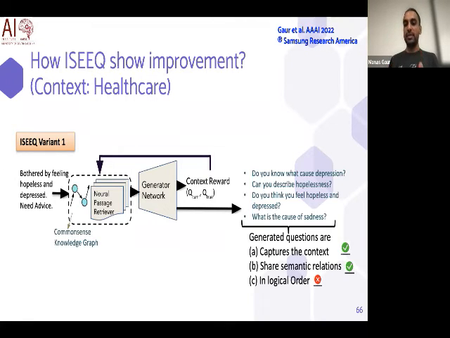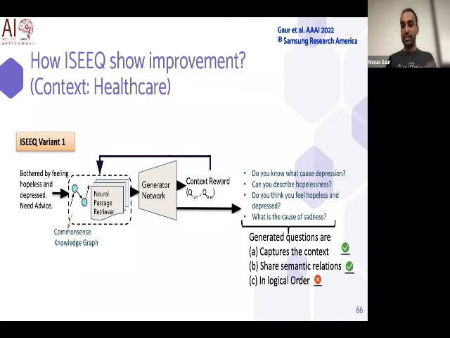So this is where we say that logical ordering is important, because such cause questions need to be together, describing questions need to be together, and if the treatment and medications are provided, they need to be in sequence with each other. So that's where we say that with a knowledge graph, you're able to do semantic relationships. You can bring relatedness in.